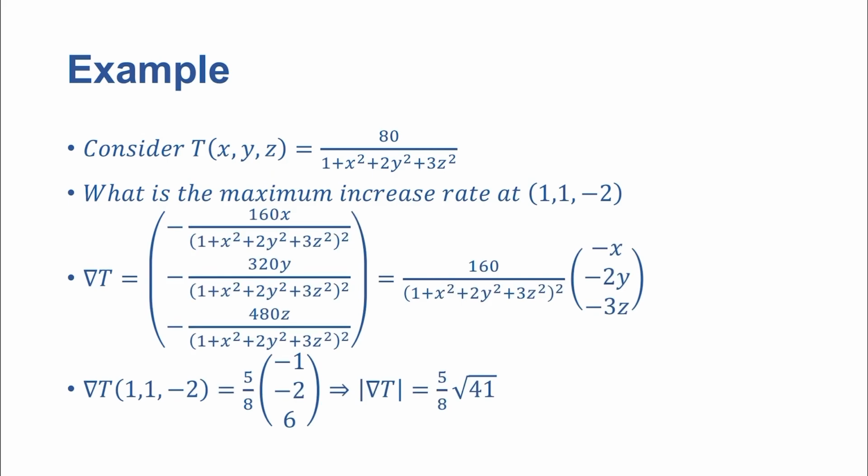We find the gradient vector, which is 5/8 times (-1, -2, 6). We find the magnitude of that by summing all of the squares of the components, and we multiply it by whatever constant we've got out there. So we get 5/8 times the square root of 41, right?